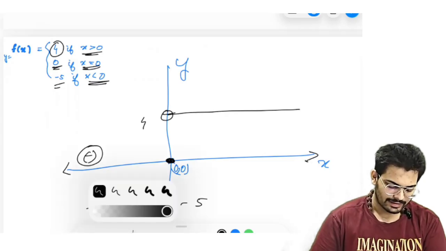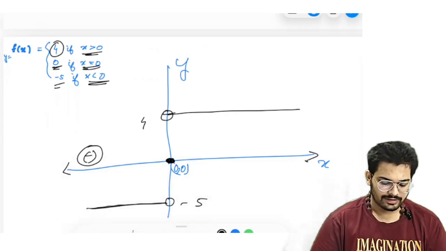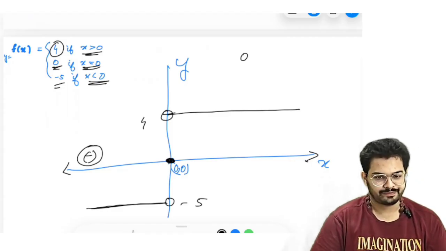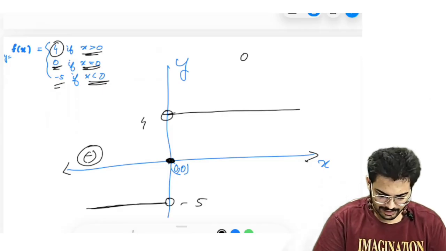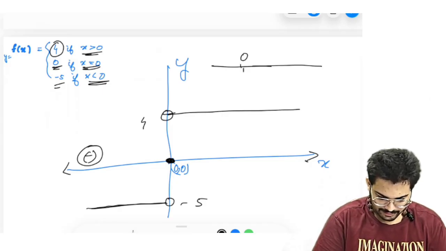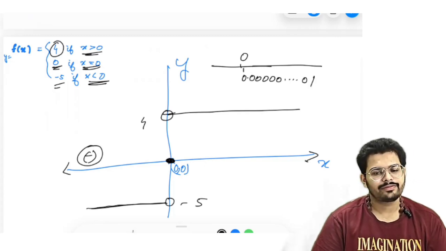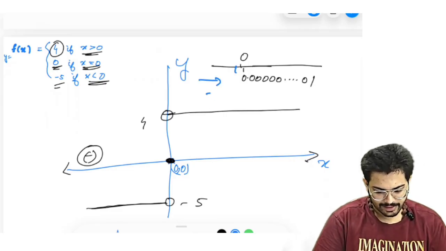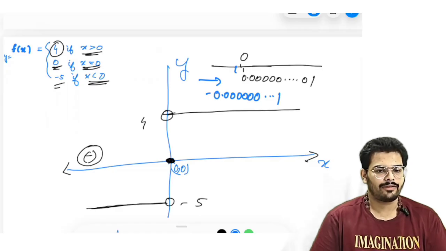In this case, this function is a discontinuous function. Discontinuous function means where the values change drastically. For example, if you take the number 0, 0 can be approached from both sides. We can approach 0 from a number that is slightly greater than 0, that is 0.00000 etc. 1, or we can approach this 0 from this side, that is minus 0.0000000 etc. 1.